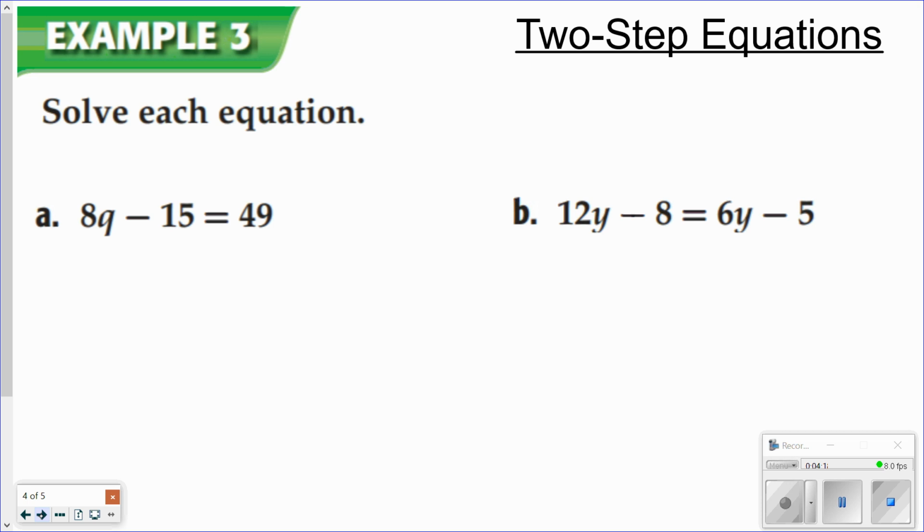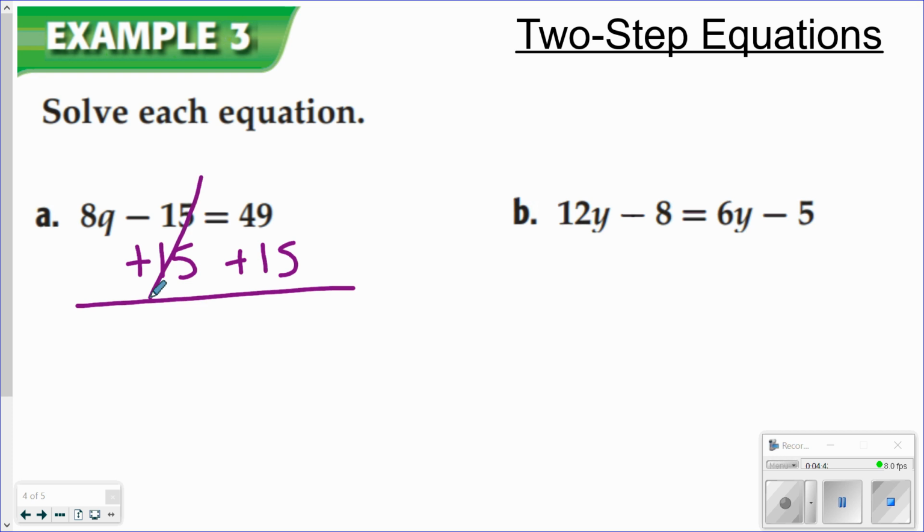These problems are going to be a little bit tougher. We are now moving on to two-step equations. So for A, I have 8q minus 15 is equal to 49. What should I do first here? I'm going to add 15 to each side.